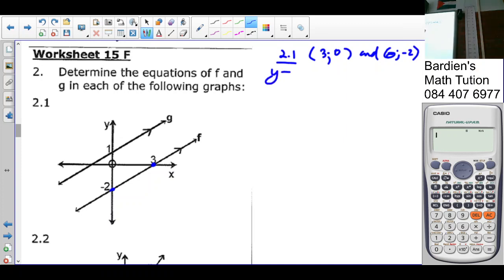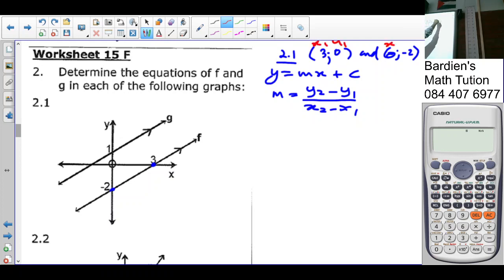So it will be in the form of y is equal to mx plus c. For m, y2 minus y1 over x2 minus x1. So that's x1, y1, x2, y2. Alright, so your gradient is negative 2 minus 0 over 0 minus 3.